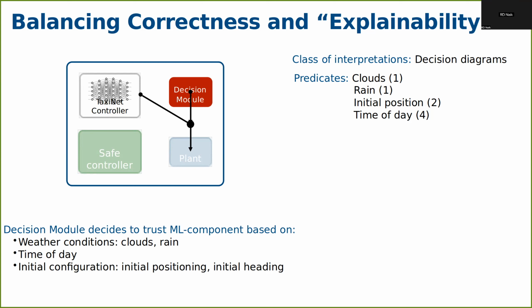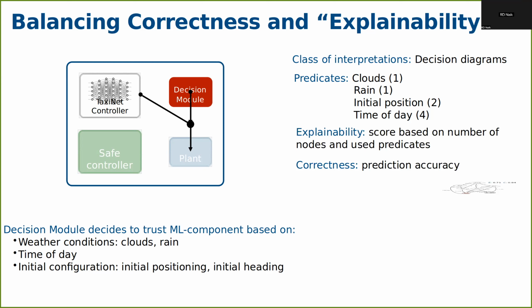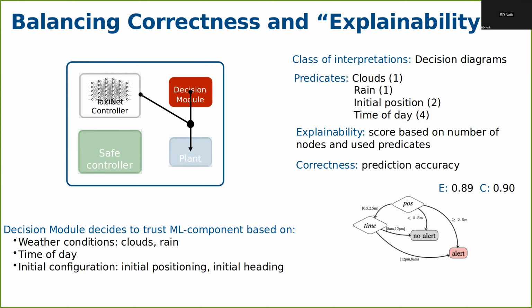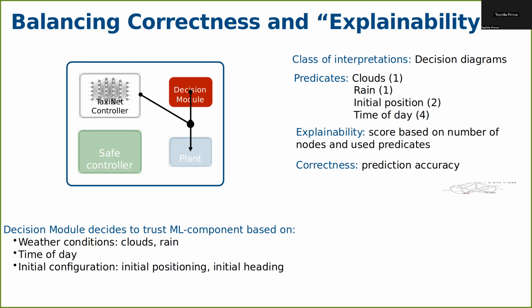One more clarification question, Supratik. I thought that to make the decision, you might also want to model the incremental position as a predicate. As the plane moves, it needs to know what the position is to make a decision whether it should let the taxinet controller continue or let the safe one. Okay.